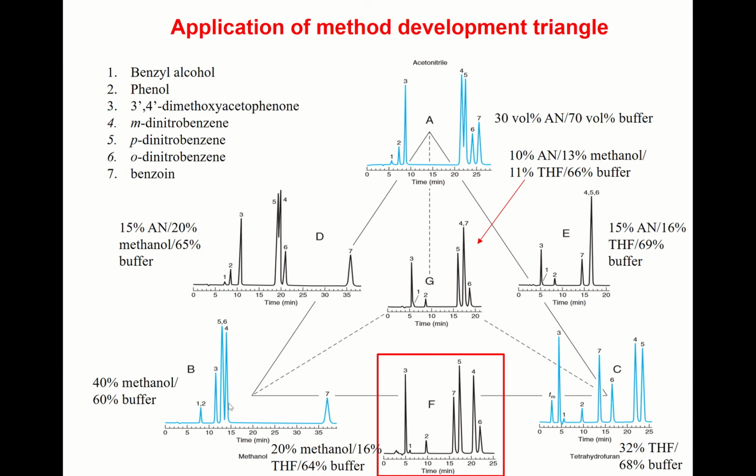Then you may find that 40% methanol and 60% aqueous buffer may be the best, but you don't have to do, for example, 10% methanol, 20%, 30%, and like that. That makes the number of trials too many. Here is a good guide.